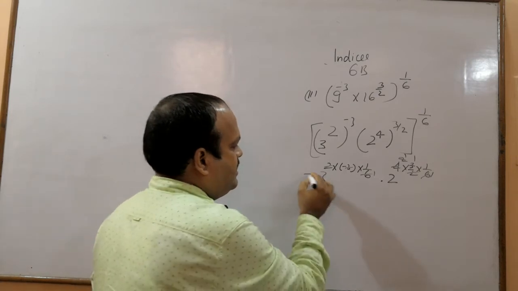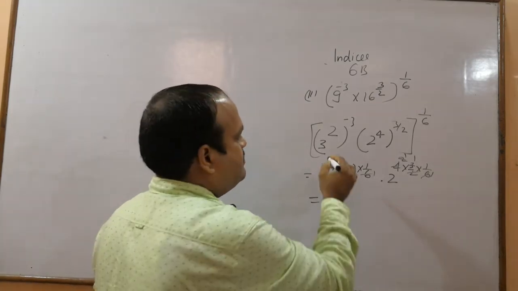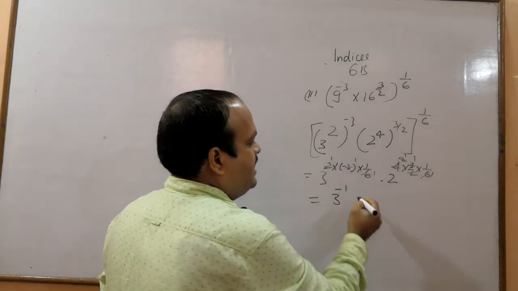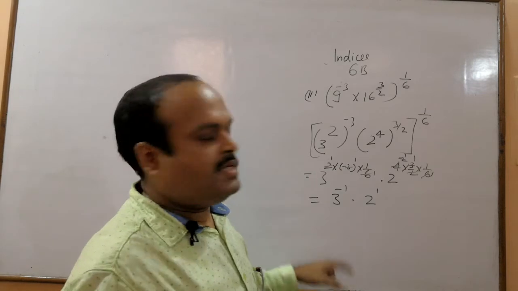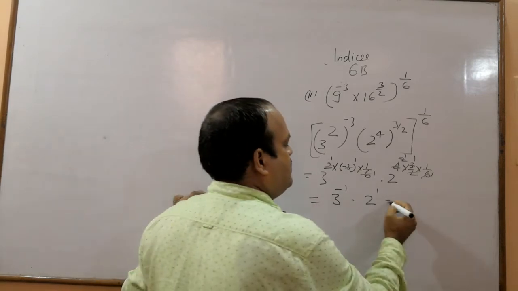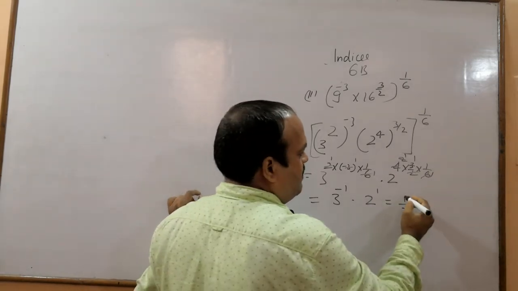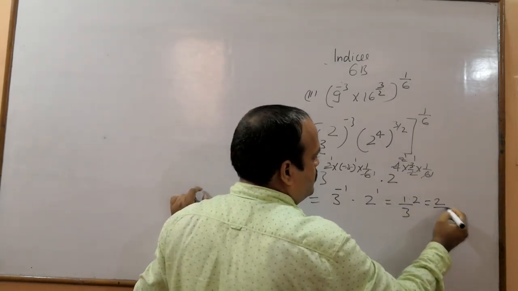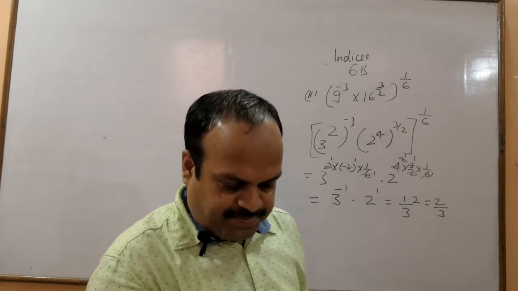So we get 3 to the power minus 1 into 2 to the power 1. 3 to the power minus 1 is 1 upon 3, and 2 to the power 1 is 2. So the answer is 2 by 3.